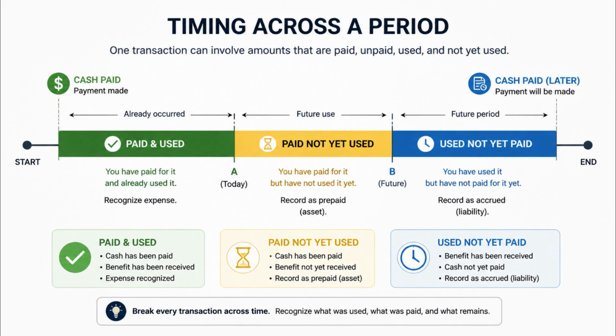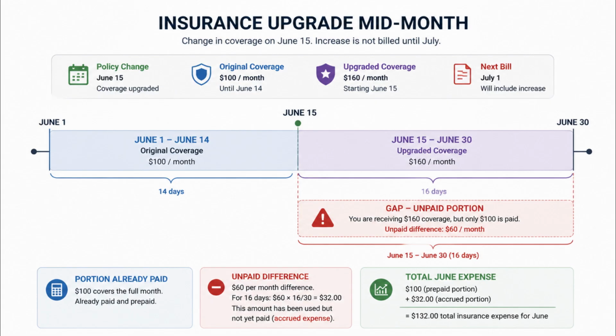So instead of asking what type of transaction this is, you ask what portion was already paid, what portion has been used, and what portion hasn't been paid yet. That's the entire system. You're not labeling the transaction, you're breaking it apart across time. So let's walk through it.